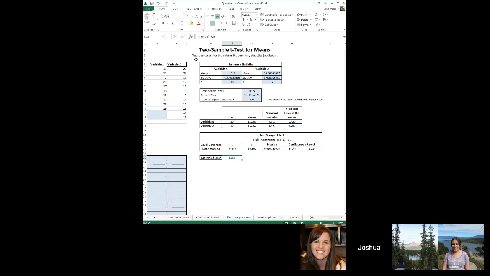The equation for that cell is variable 1 mean minus variable 2 mean, in parentheses, minus the lowest confidence interval.